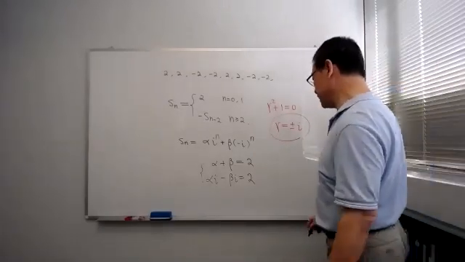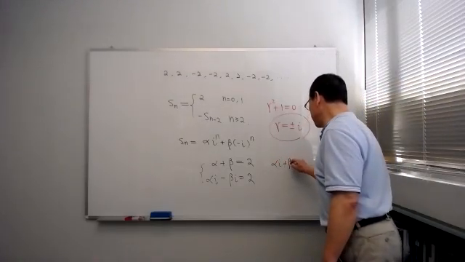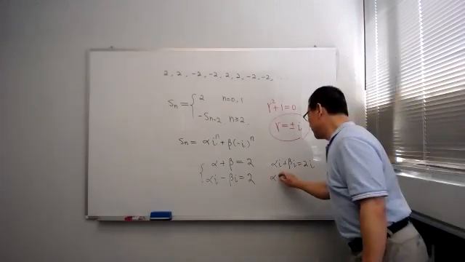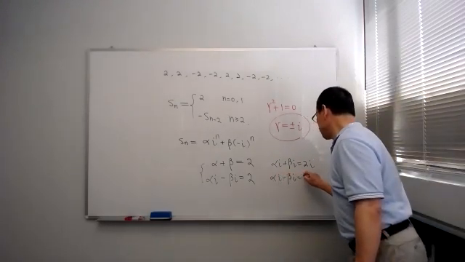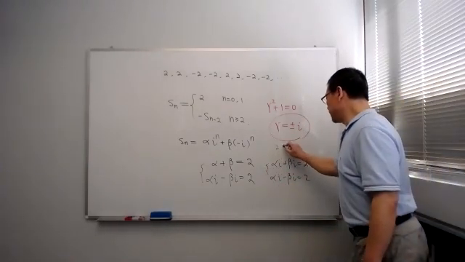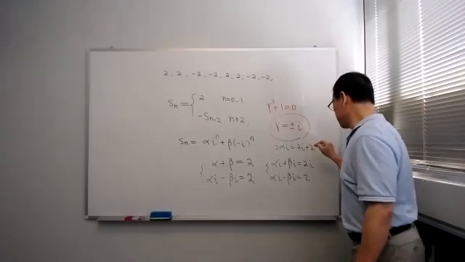So let's try to obtain alpha and beta. If I sum them up, I get 2 alpha i equals 2i plus 2.